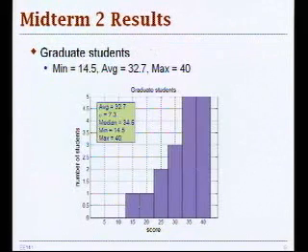For graduate students, the distribution looks a little bit different, but this distribution really doesn't mean anything, because we don't have a large enough sample for statistical significance. The average was also pretty similar, but the results were more correlated.